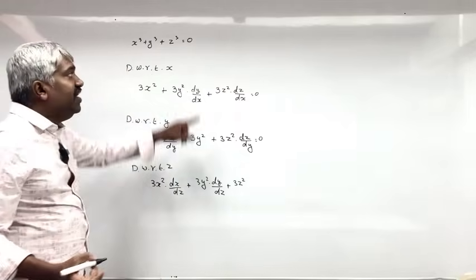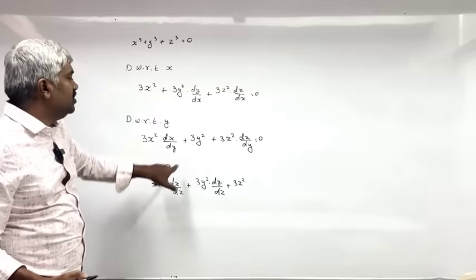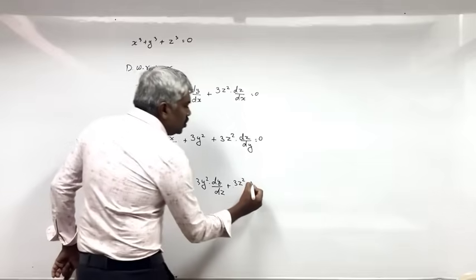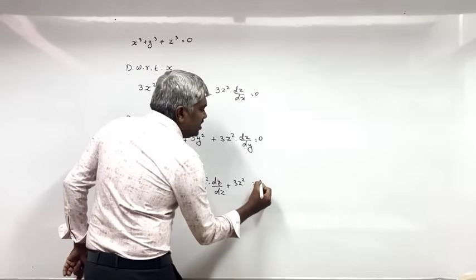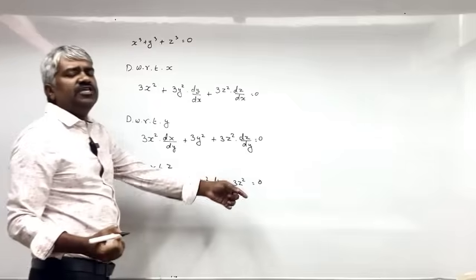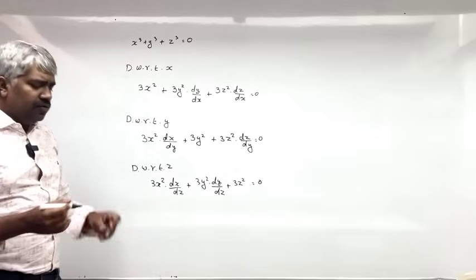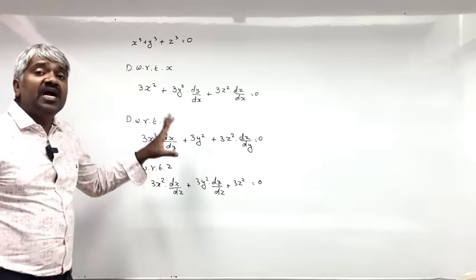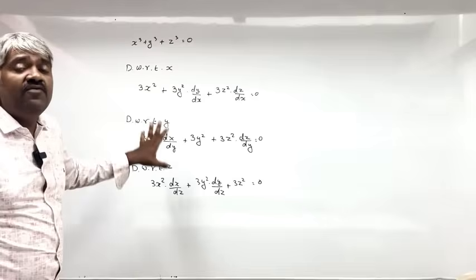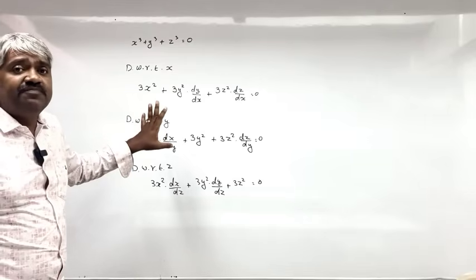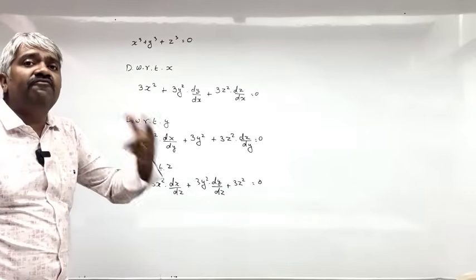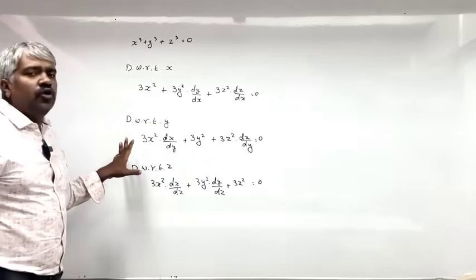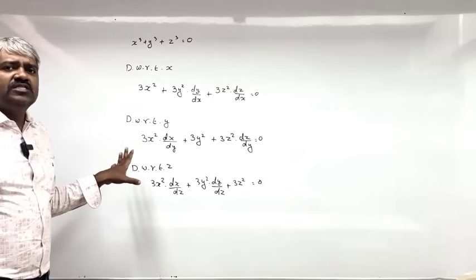Since the variable and the person who is giving permission both are same, so no need to mention anything after that, which is equal to 0. So this is the basic understanding of differentiating with respect to any type of variable given to you. Right? I hope you understood with this.